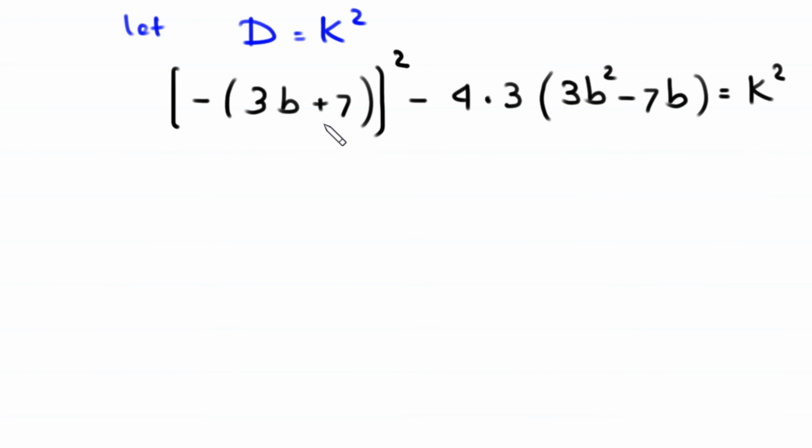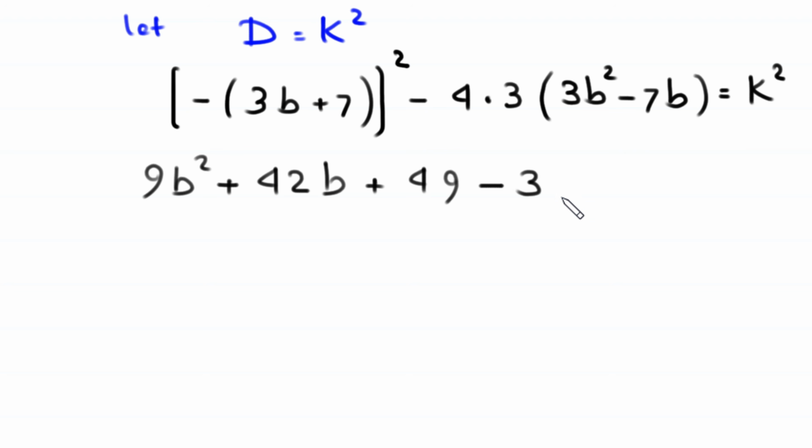Expand this 3b plus 7 whole squared. This will become 9b squared plus 42 times b plus 49, and negative 4 times 3, negative 12 times 3b squared will become negative 36b squared, and negative 12 times negative 7b, plus 84 times b, equal to k squared.